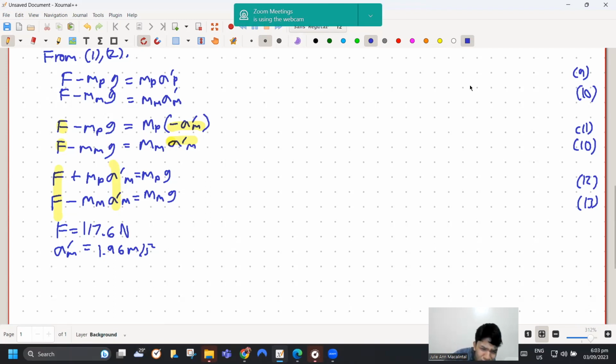Yeah. Same thing. Ilang significant figures should you round this off to? So, look at the given.